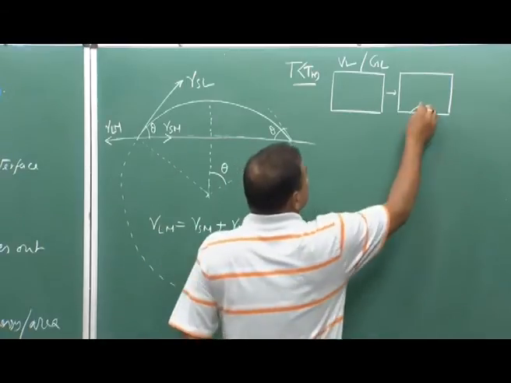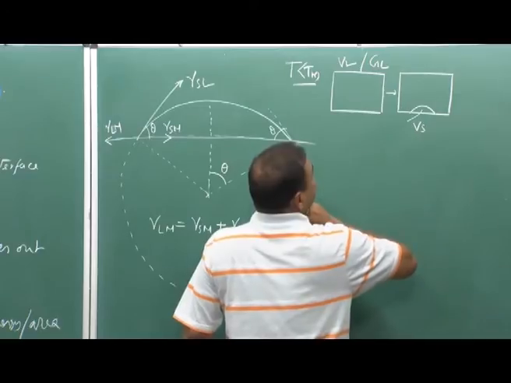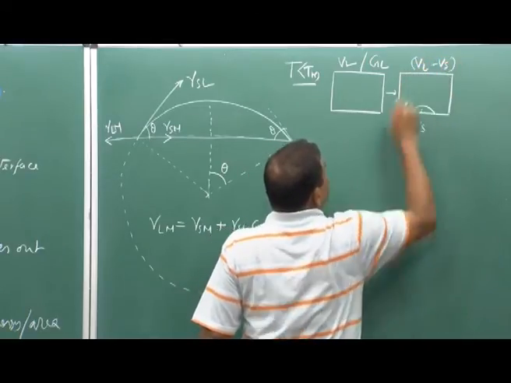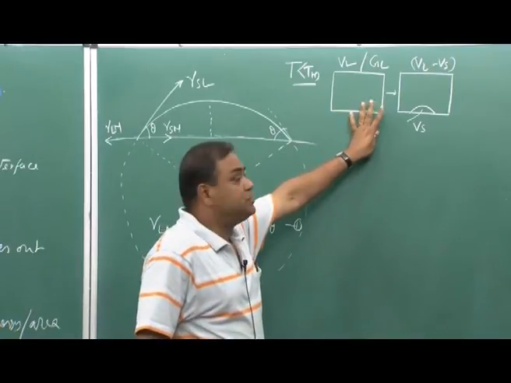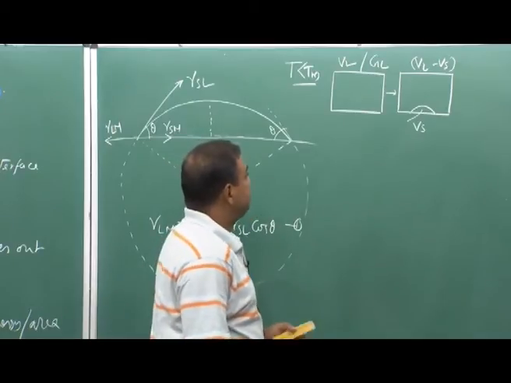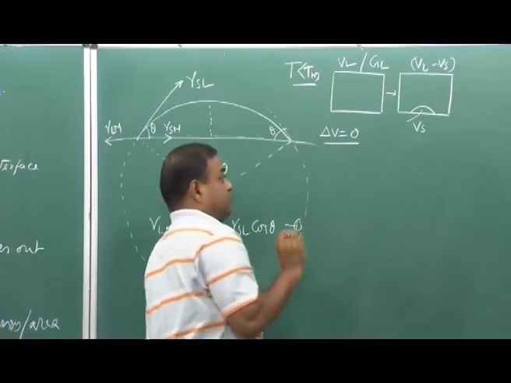The volume of this solid would be V s, and the liquid volume would be V L minus V s. Here the assumption is that there is no volume change during this transformation, so del V equal to 0. This is an assumption, okay.